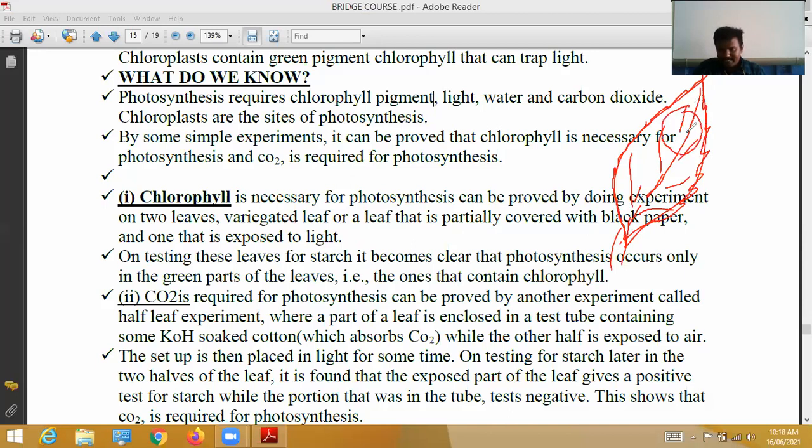At one particular place, it appears to be white in color, and the remaining part appears to be green. Such leaves are called variegated leaves.